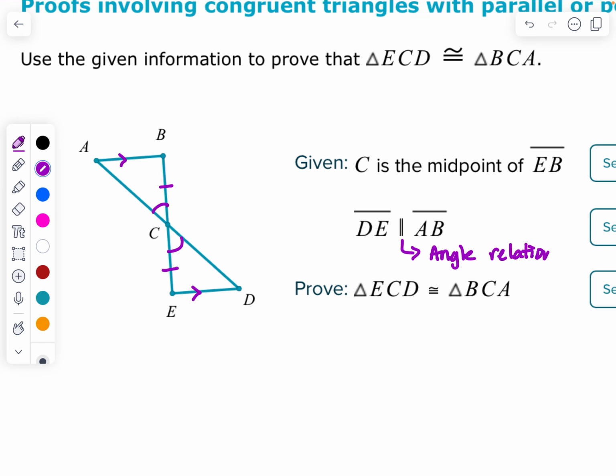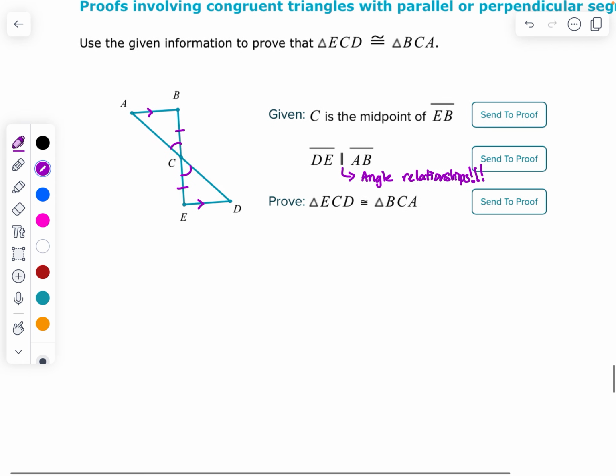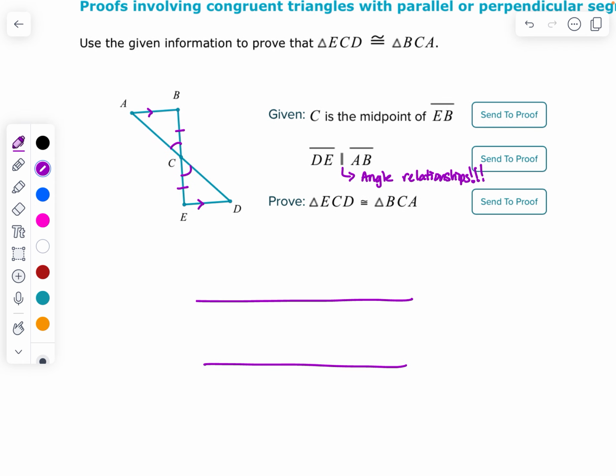That's what you need to keep in mind, always. Remember, parallel lines cut by a transversal means we've got alternate interiors, alternate exteriors, and corresponding angles possible. So let's look for those.